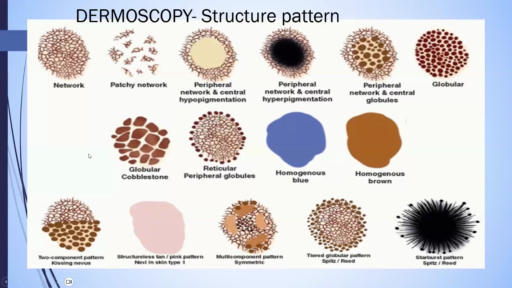As I told you, in dermoscopy there are all these patterns. Network pattern: whether the network is simply patchy, whether it is only in the periphery, whether in the periphery it has a central hyperpigmentation or central globules, or whether there are only globules, or globules that are very big like cobblestones. See, this is a very, very vast topic. I put it as simply as possible for you all.